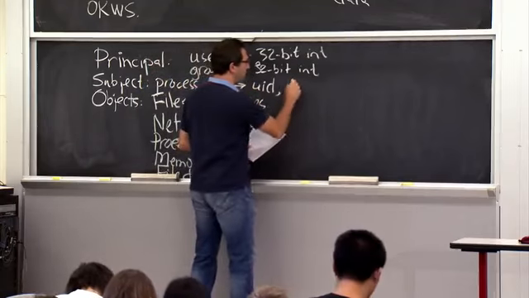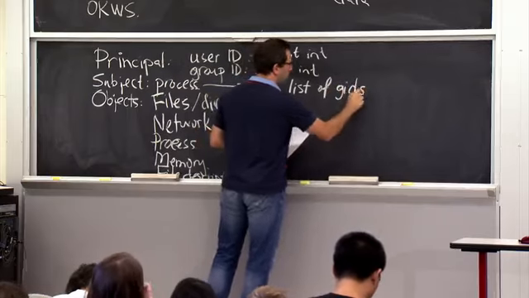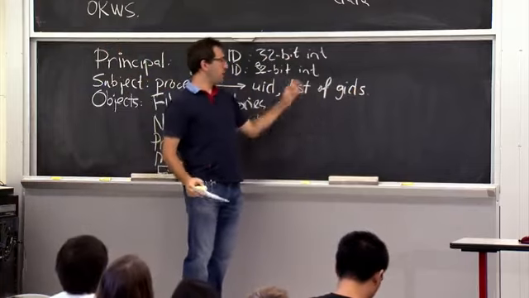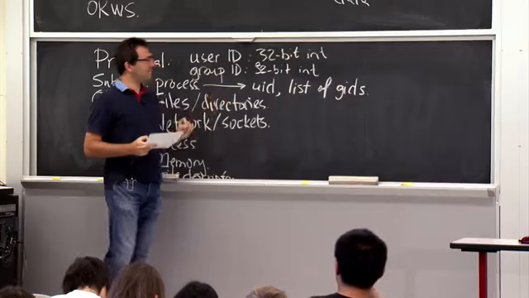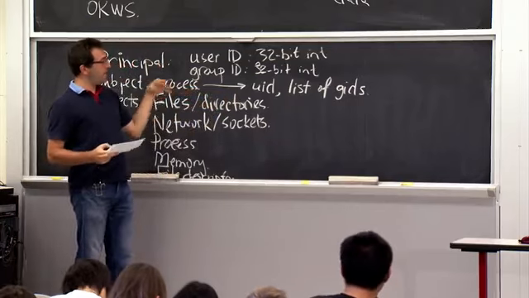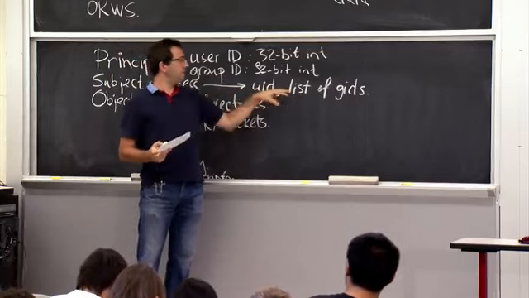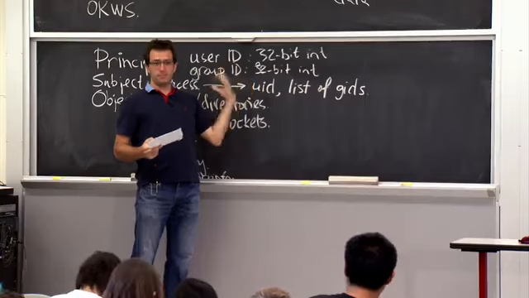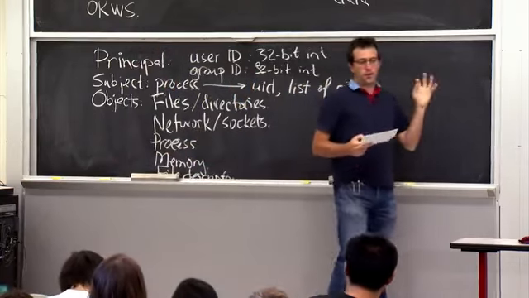And there's also a list of group IDs that a process has. For historical reasons, the group IDs are split into one and then a list of others. But roughly, a process can exercise the privileges represented by all of these identifiers. So if there's something accessible to this user ID, a process can do stuff with it. All right, so that's how we think about what privileges a process has.